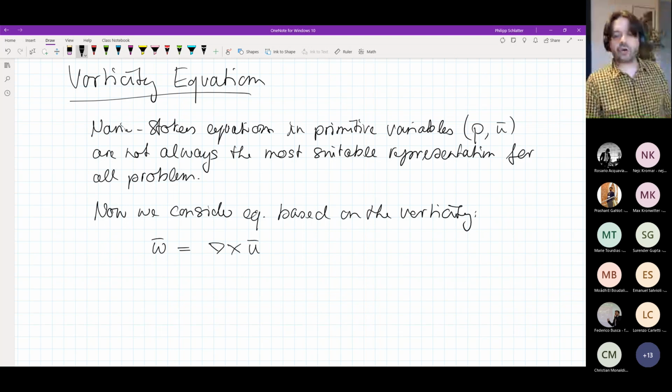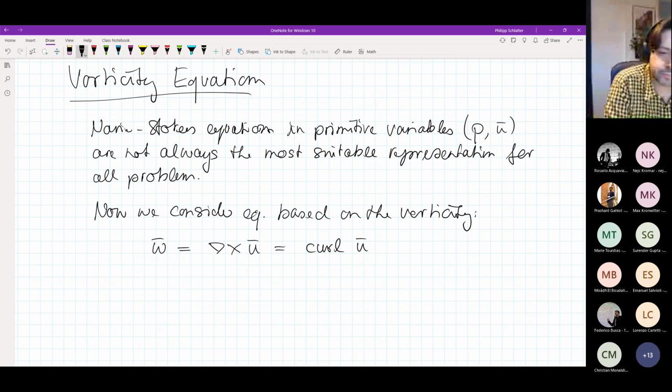So essentially, it's the curl of the velocity u. So you go from one vector, the velocity vector, into the vorticity vector by applying the curl operation. The curl operation, of course, is a derivative. So there are derivatives in all directions, which of course means that the equation certainly will look different.